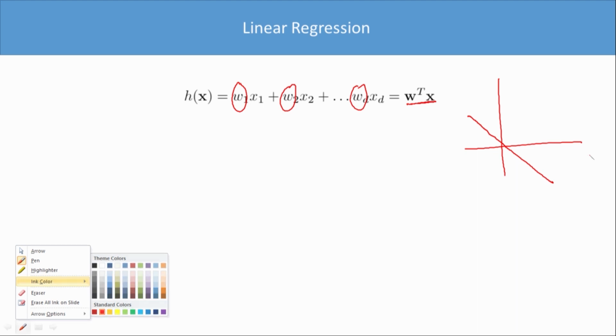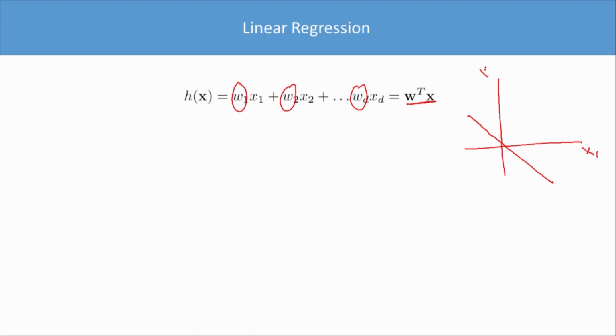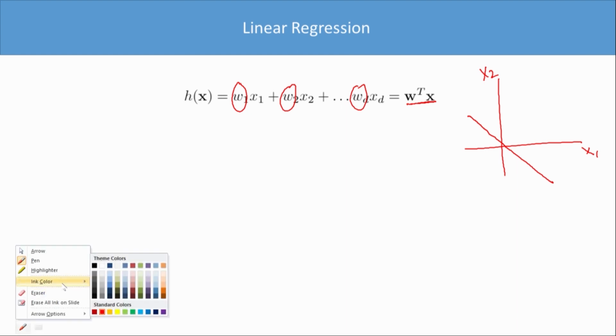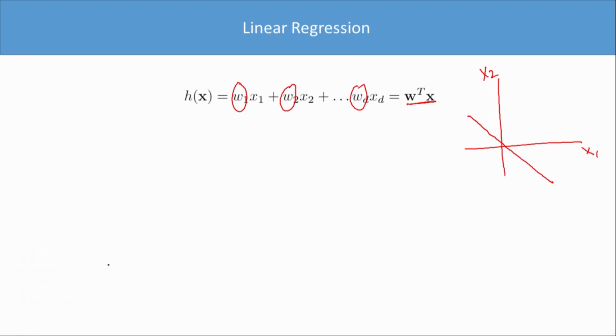So let me call this x1, this is x2. What's the equation of this line? Yeah, x1 plus x2 equals 0.